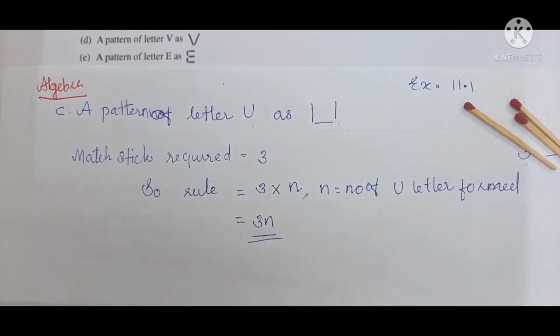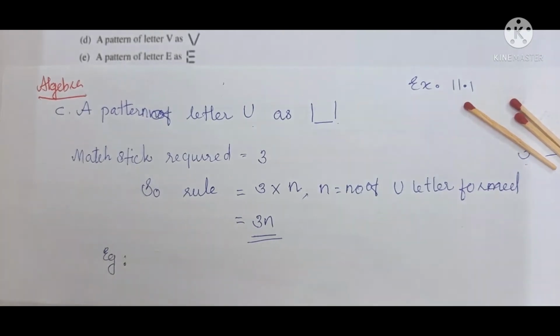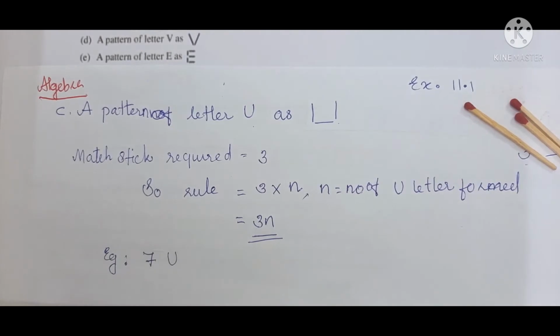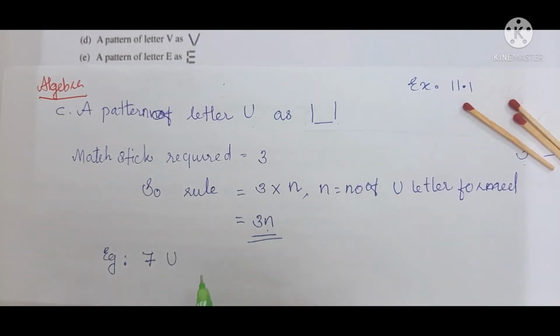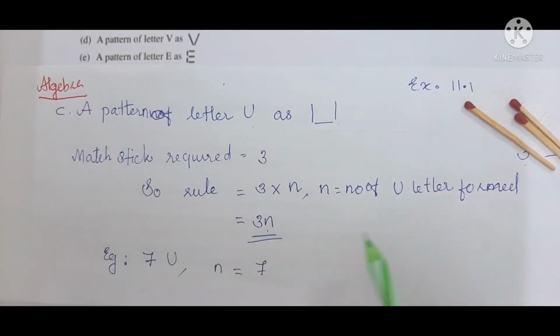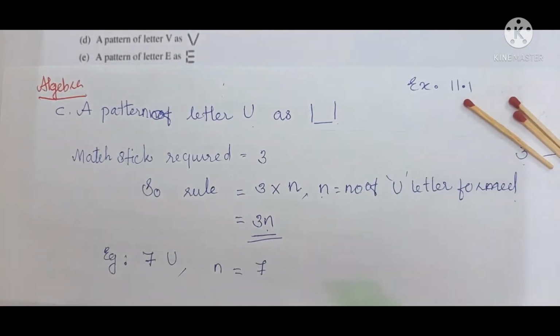I will give one example, that is we have to make 7 U's. So we have to apply this value to this 3n rule. So how will it be? n is equal to 7, because n is the number of U letters formed. So here we want 7 U's.